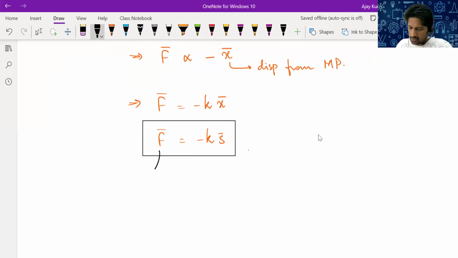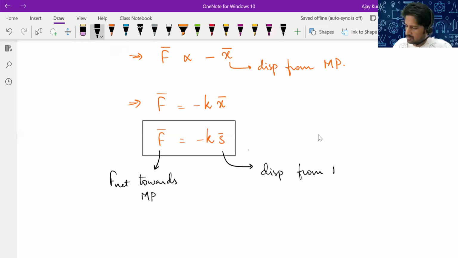F stands for net force, restoring force. Okay, so basically it's the net force towards mean position, will be equal to minus K times S, where S is the displacement from mean position. And the constant that we keep in between is simply called the force constant.